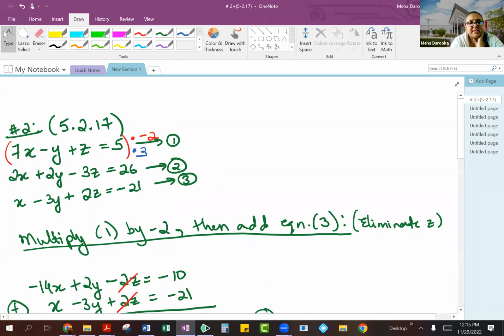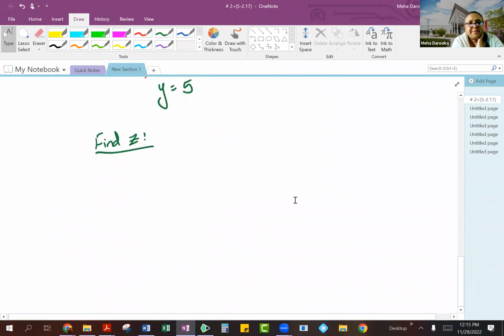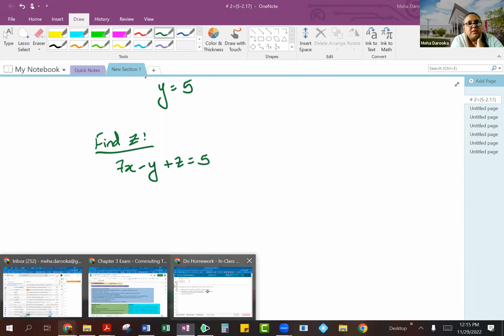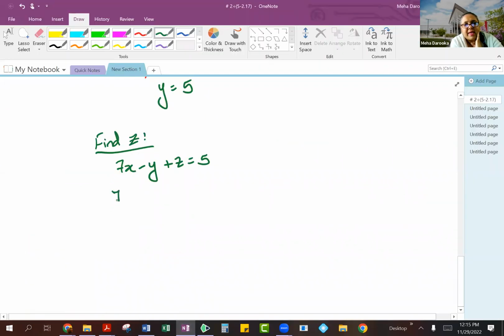So 7x minus y plus z equals 5. All right, so we have x equals 2, y equals 5. So what will that z value come out to be?